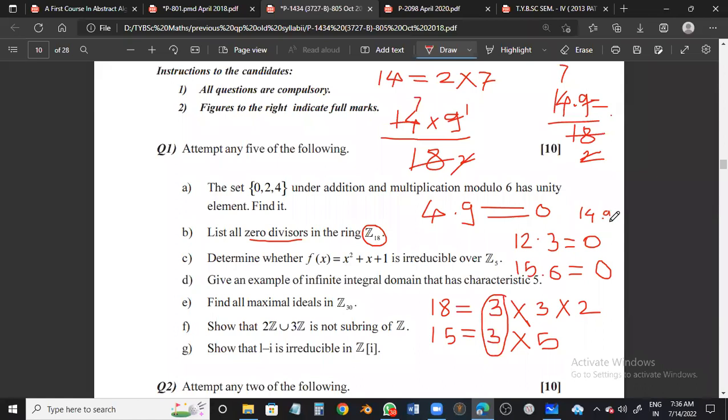So these are zero divisors, 14 and 9. We are listing zero divisors. So every number in Z18 which has some common factor with 18 will be a zero divisor. And they are simply asking you to list. And for how many marks?